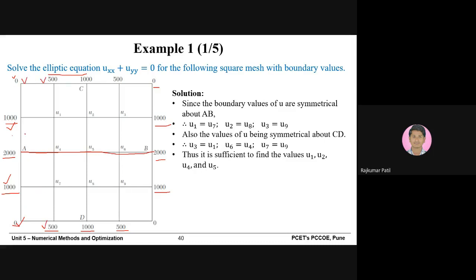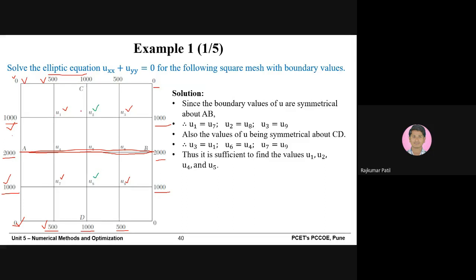All the values are the same, so it is symmetrical about this horizontal axis AB. So we can say that U1 will be equal to U7, U2 will be equal to U8, and the third point, U3, will be equal to U9. Due to symmetry, both these highlighted values give the same values.